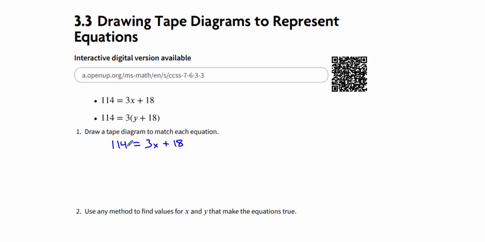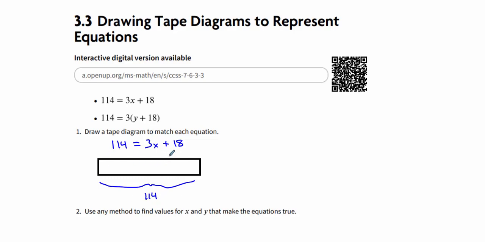So our total is 114. So when I draw my tape diagram, the first thing I'm going to do is draw a rectangle. And my total here is going to be 114.